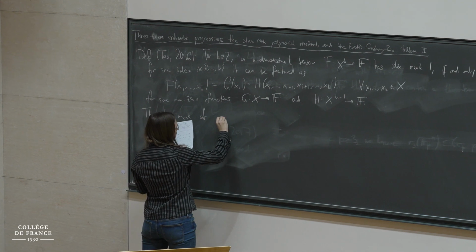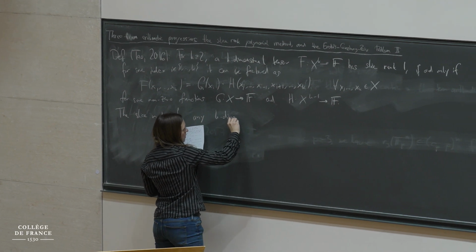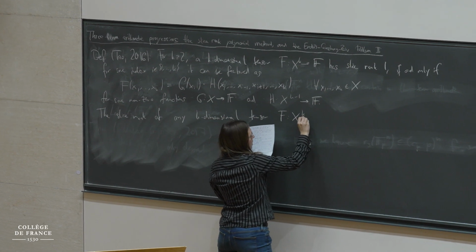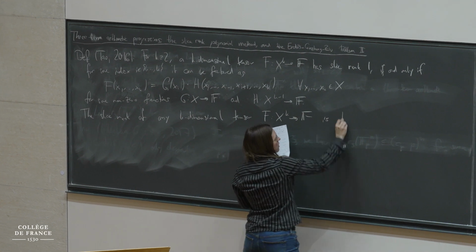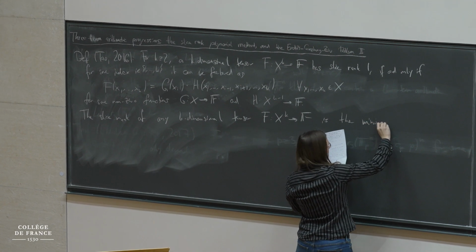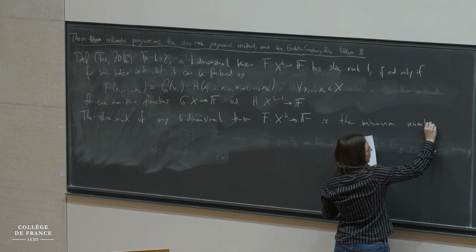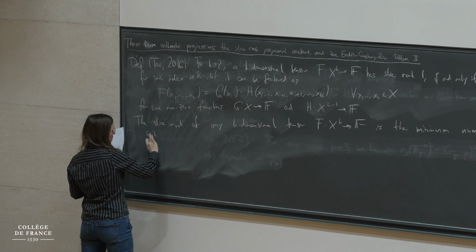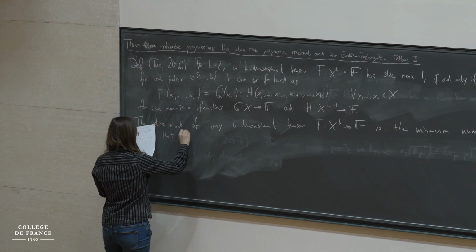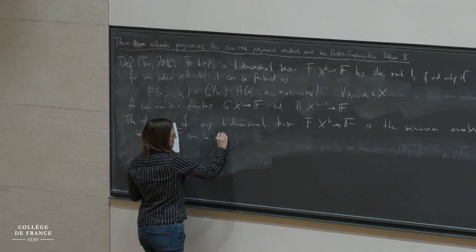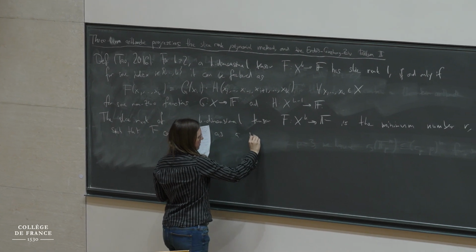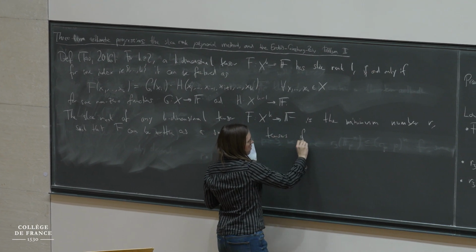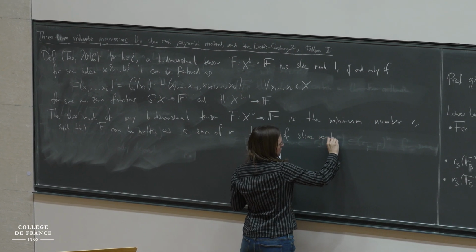So the slice rank of any k-dimensional tensor f from X^k to F is the minimum number r such that f can be written as a sum of r tensors of slice rank 1.